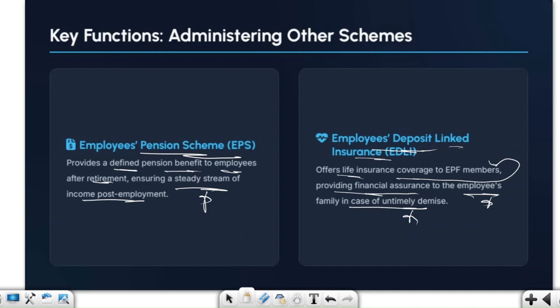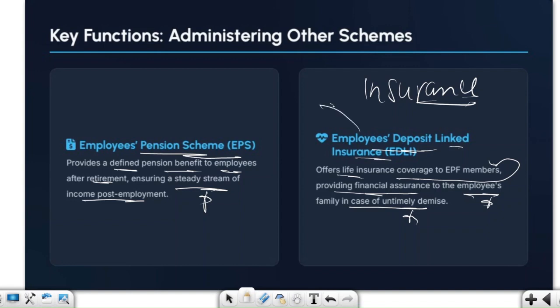Let's start with EDLI. What is the full form of this particular scheme? Employees Deposit Linked Insurance, meaning insurance benefit. And what kind of insurance benefit are we going to receive here? Here we are talking about the Employees Provident Fund membership deposit.